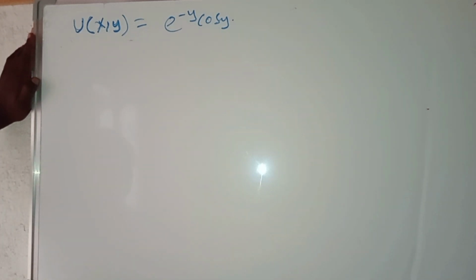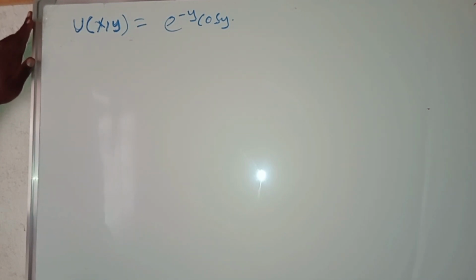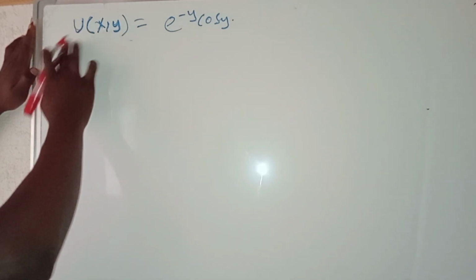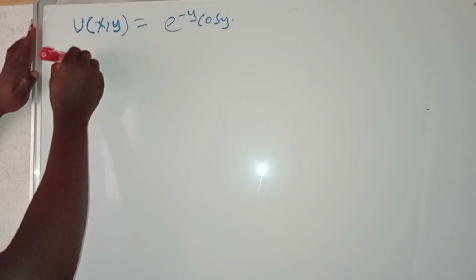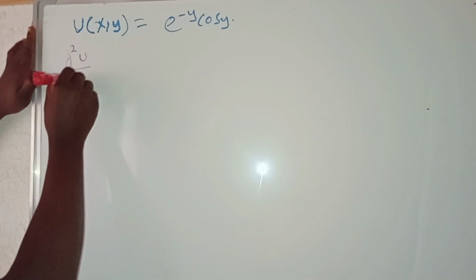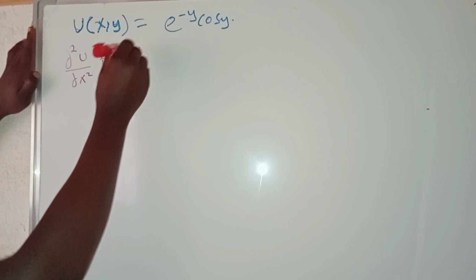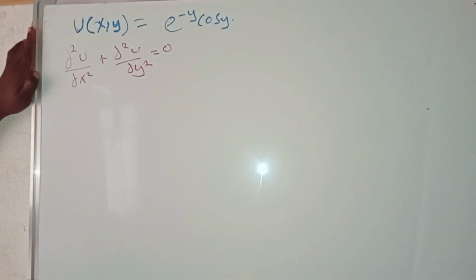So a function is said to be harmonic if it satisfies the Laplace equation in the form of the partial second derivative of u with respect to x plus the partial second derivative of u with respect to y is equal to 0.